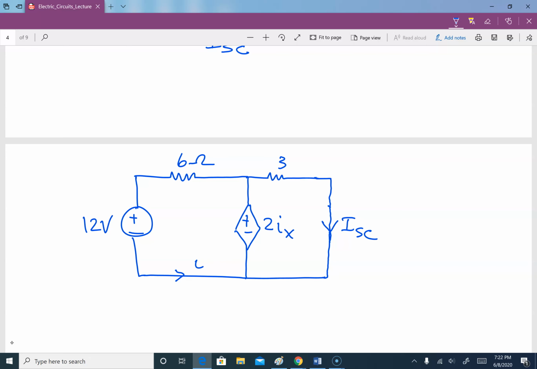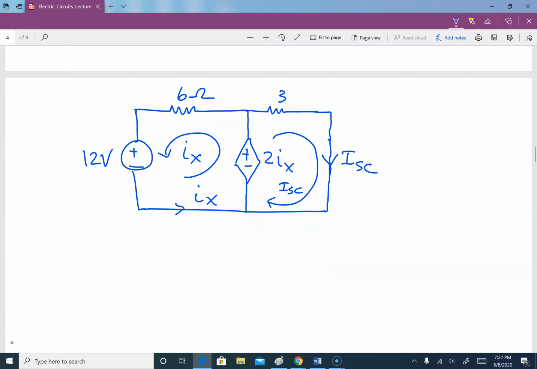And this is our Ix. So we are going to have our Ix be counterclockwise, and we will have our I short circuit be clockwise. These are just assumptions. We can assume whatever we like.